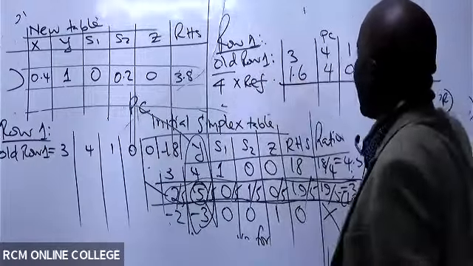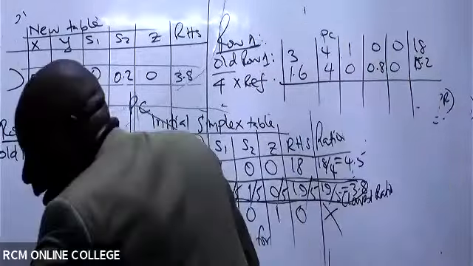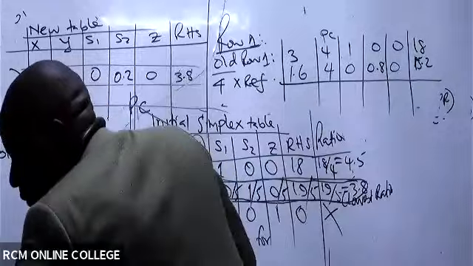We are subtracting to get the new row 1. Come and give me the new row.